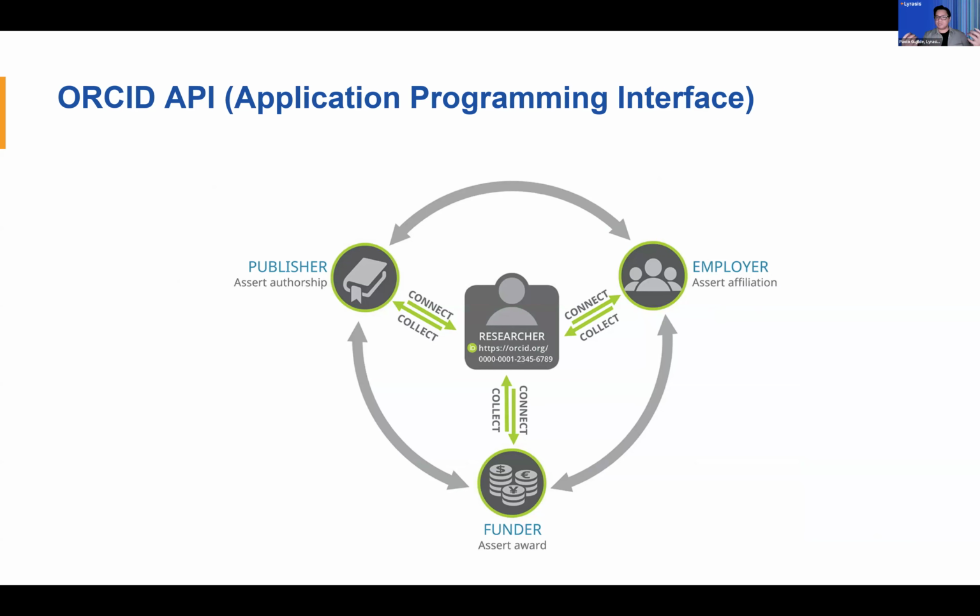The employer could grab affiliations or publications from the researcher's ORCID record, and the researcher can get an affiliation entry in their ORCID record from the university as an employer. All of these concepts will be discussed further later in this webinar.